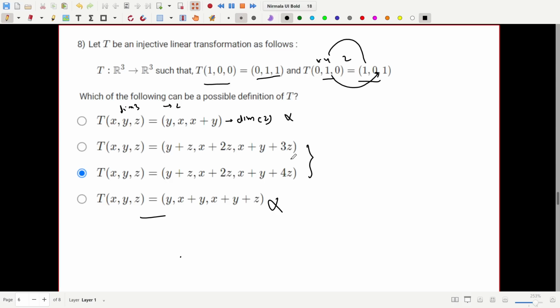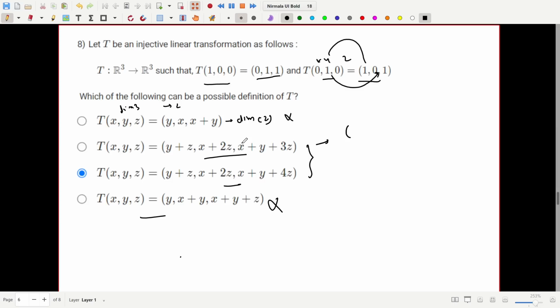For one-one, the nullity should be 0. So we have to form a matrix: first form a basis of this transformation and check the nullity. So let's take the second one. First the basis: we put x is 1 and the rest 0, then y is 1 and the rest 0, then z is 1 and the rest 0, and find its image.